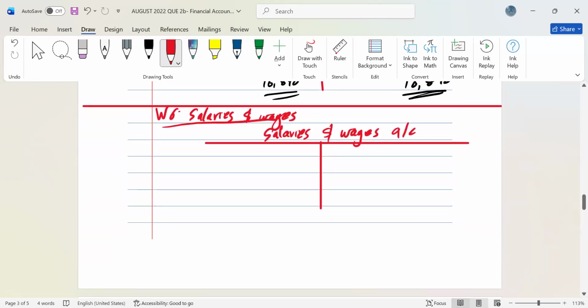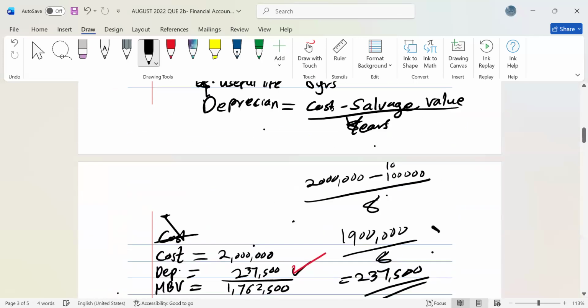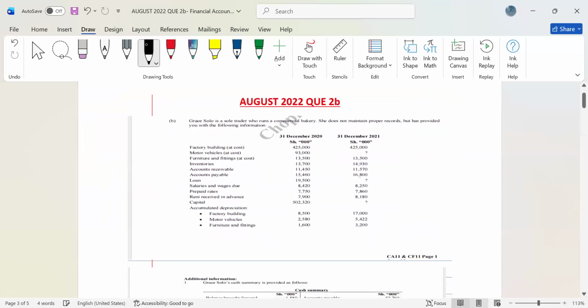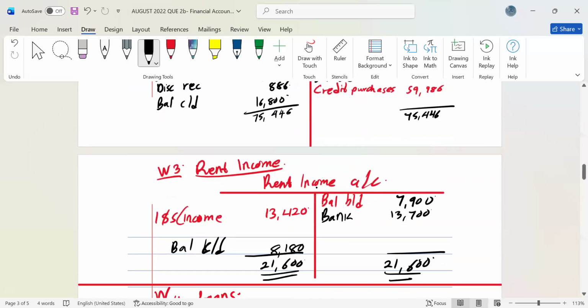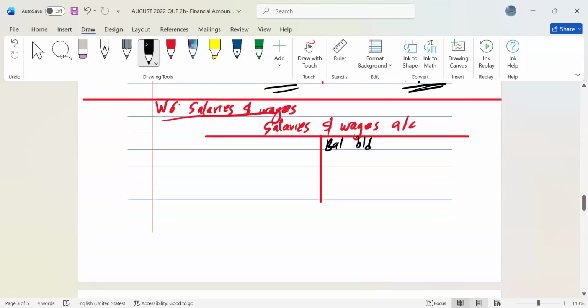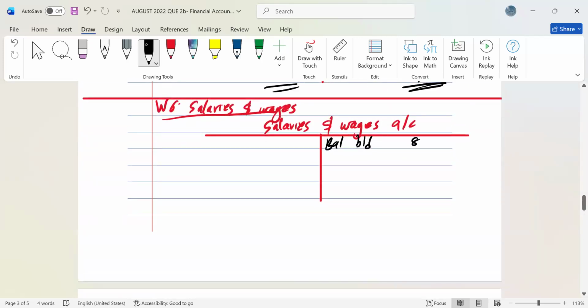But in this case it was due, meaning they had not paid. So we credit the balance brought down. The one for 2020 salaries and wages was 8,420.